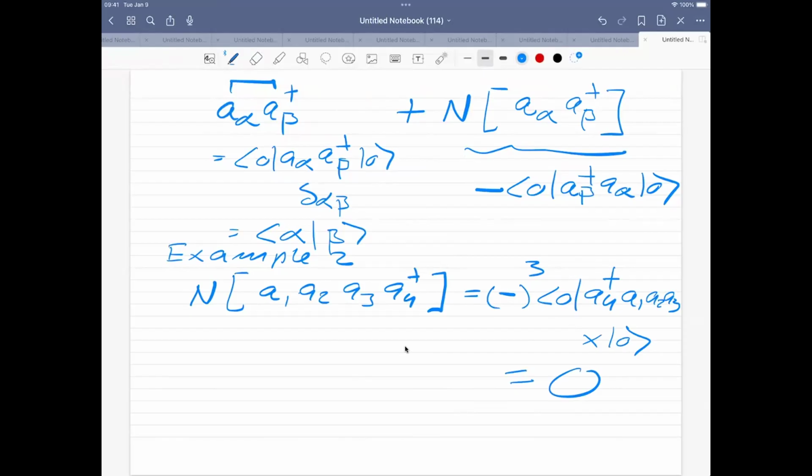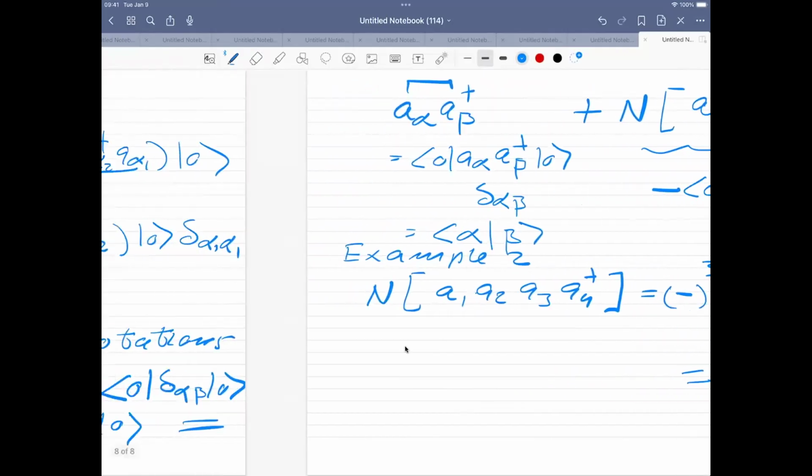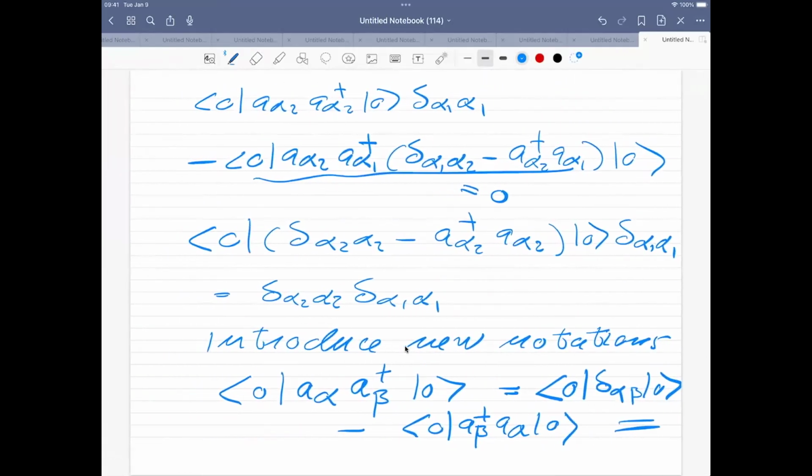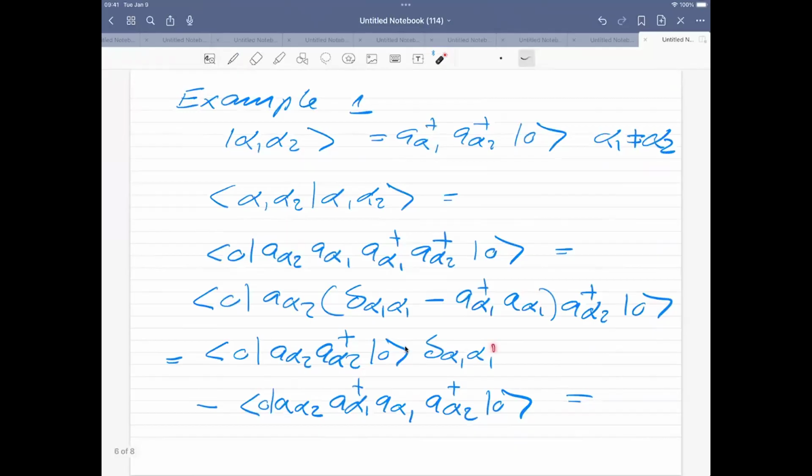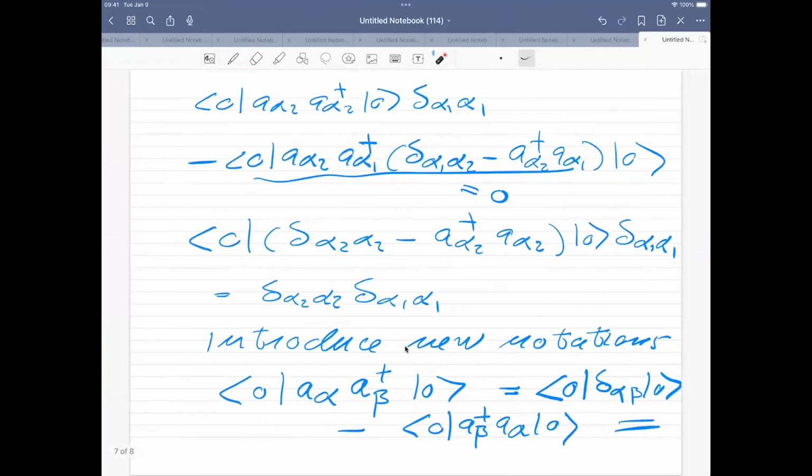So if we now go back to this example which we have, you see that in order to reach this first term, we have actually normal ordered the two operators, bringing them close to each other. So you can calculate an expectation value for the two operators. So this is actually the contraction, and this is a normal ordering. Then the next term here would also contain a contraction plus a normal ordering.